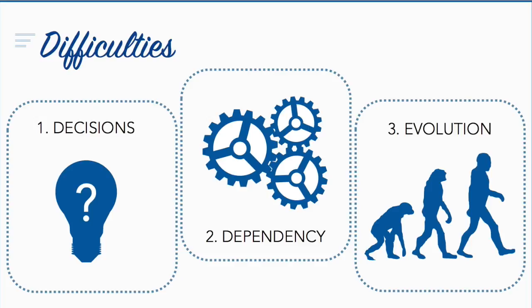Now there were three main difficulties. The first is that there may be many distributed deployment decisions that depend on application requirements. These can create bad performance versus function trade-offs. The second is that there is a dependency between application and deployment.